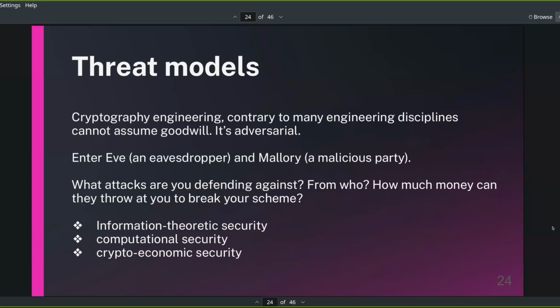But in cryptography, we usually deal with information and computational security. In blockchain, we deal with crypto-economic security because it enables more efficient schemes, well, at the price of security.